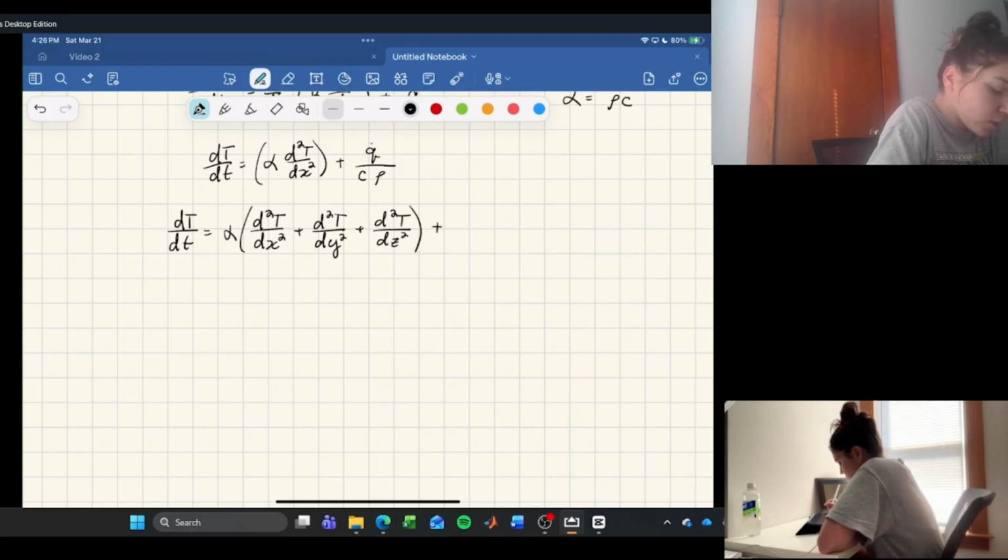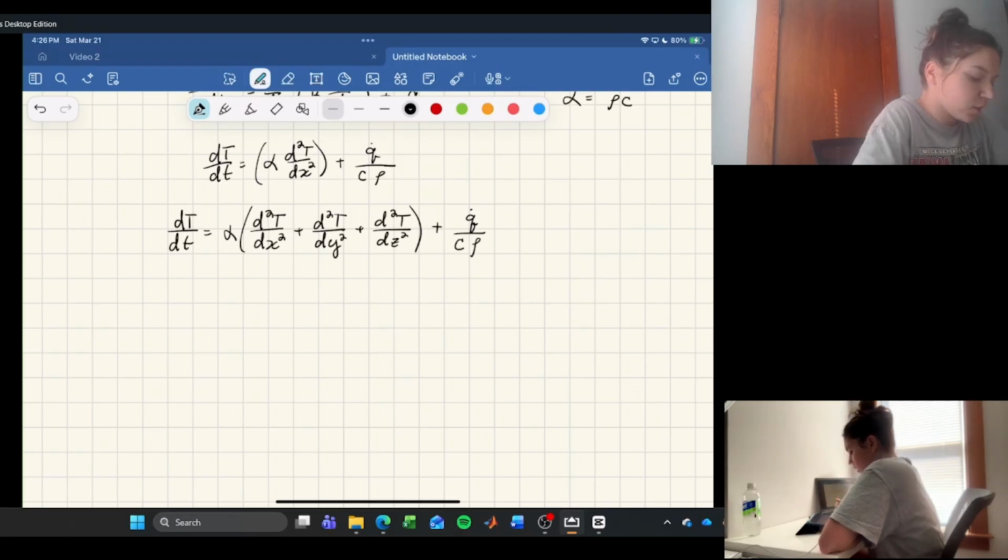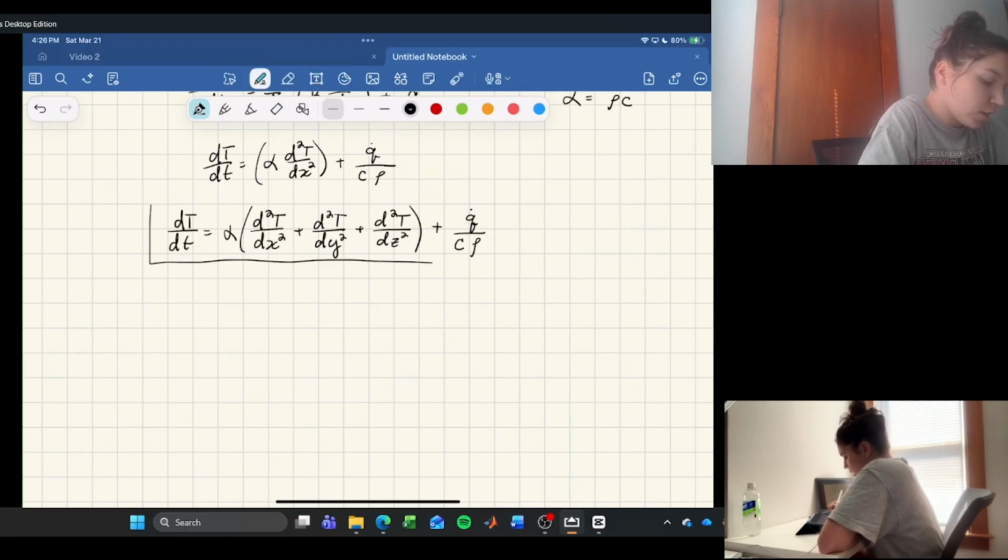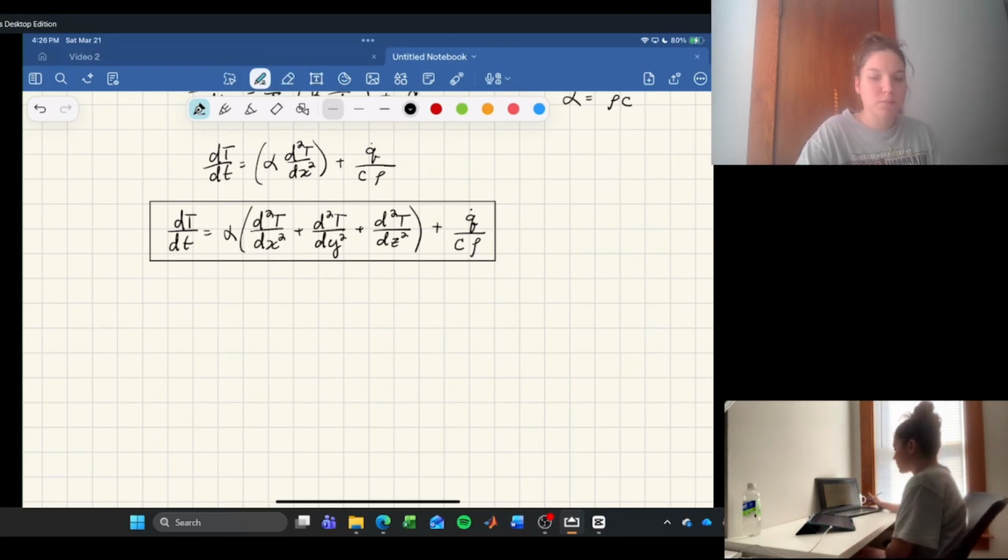And then the last term stays the same, that it's still the rate of heat flow over the heat capacity times the density. And this is the overall heat diffusion equation for a volume using Cartesian coordinates.